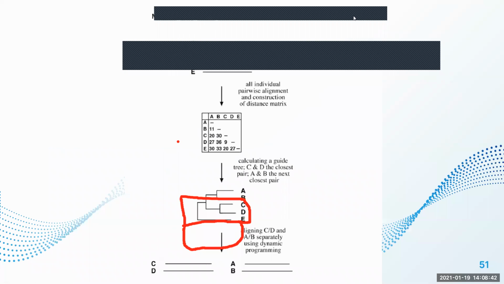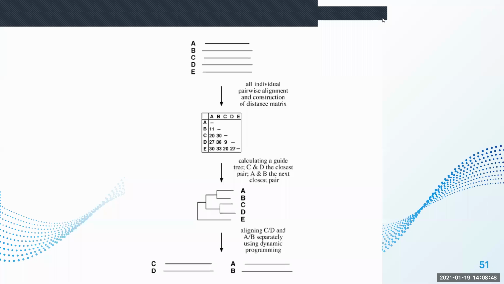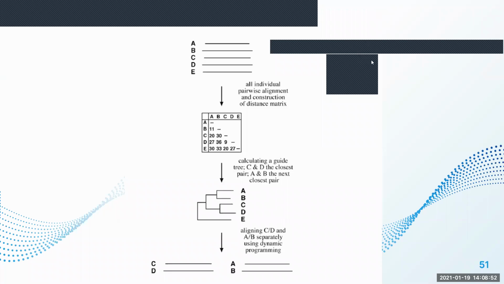So our algorithm will look like this. First, you have a set of sequences here. Then you do the pairwise alignment and construct this similarity or distance matrix.